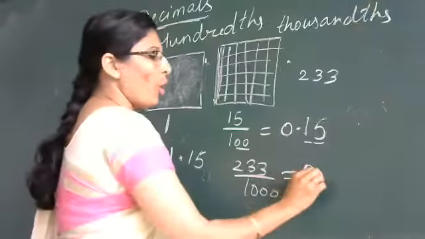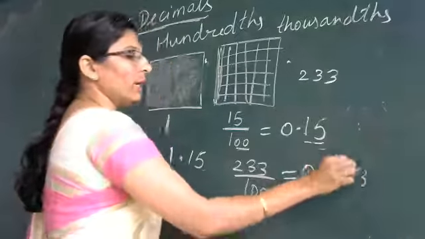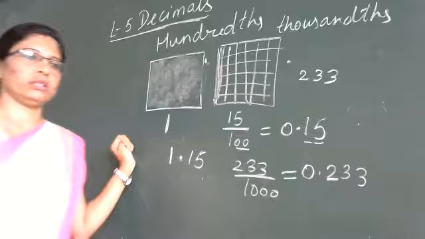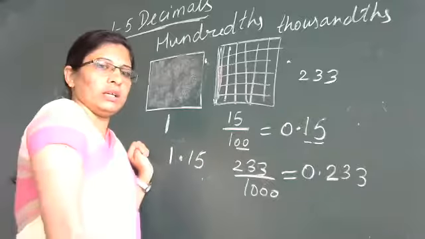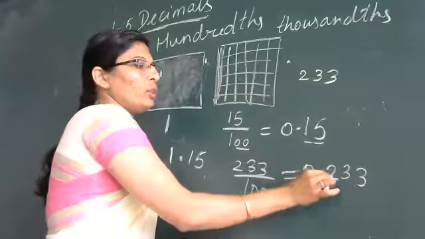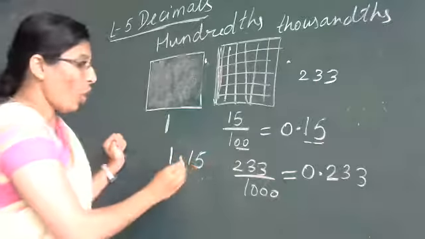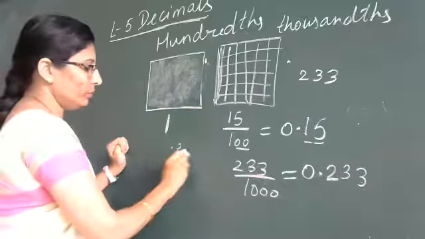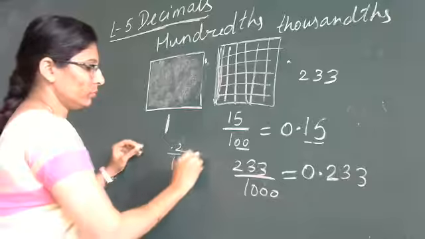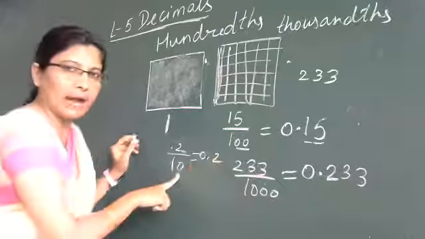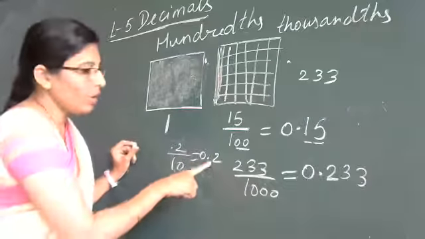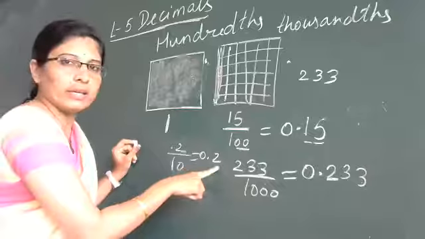So 0.233. So here we have to remember: when it is divided by 10, after the point 1 digit.